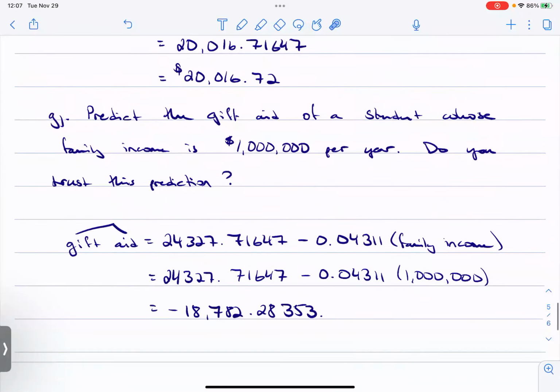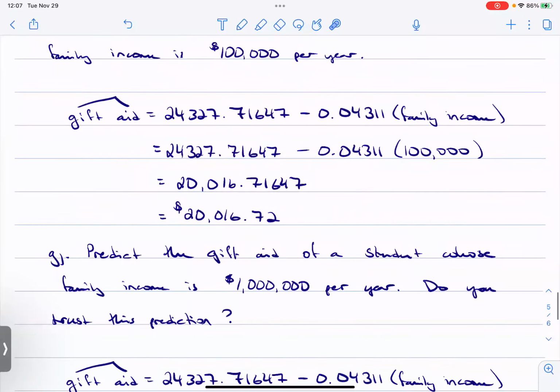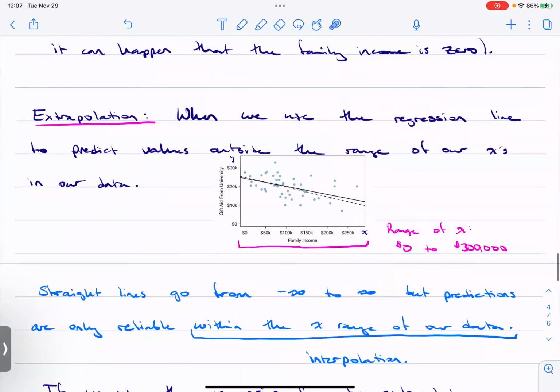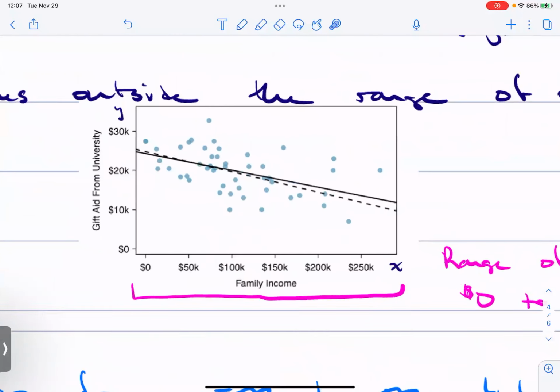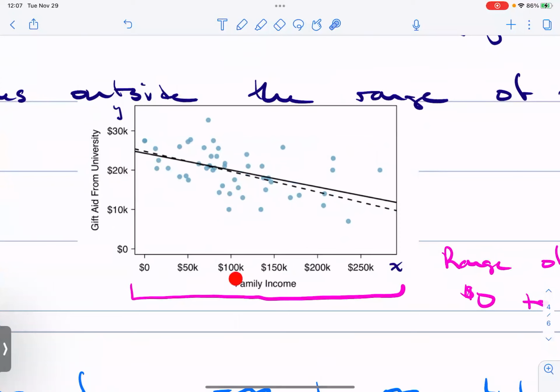So then, okay, let's go to our scatter plot, which I should have done for the first one as well. But I know that an income of 100,000 is within the range. You can also use this to double check that the 20,000 that we predicted makes sense.